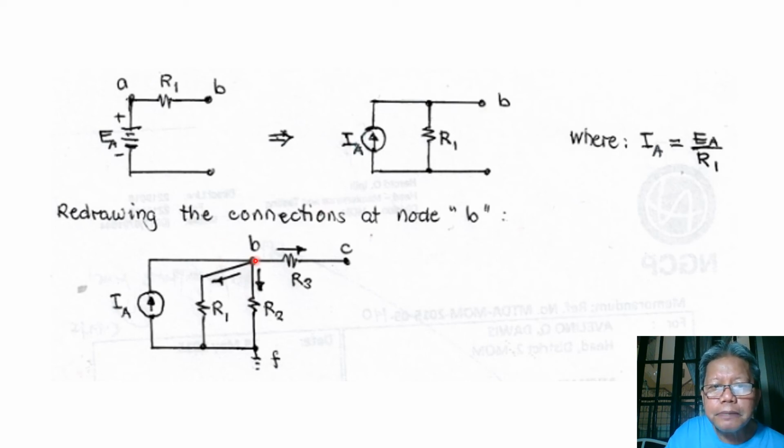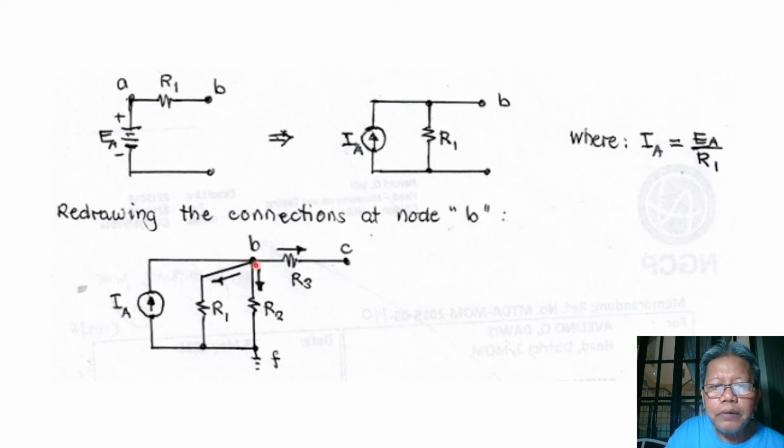So this current IE is entering towards node B, and then of course when we now have a voltage between B and this reference, the current through R1 will be going down. So we have this current, and we had R2 connected between B and the reference node F. So current also is going down, and then we have neighboring node C, through R3. So the current is going from B to C.